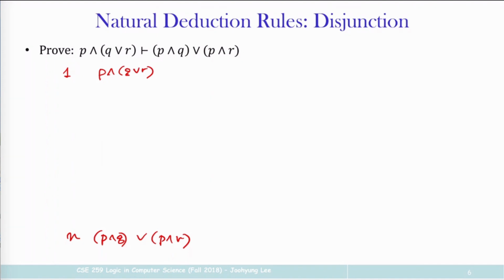Okay, I'm not going over why, but you can figure it out later. So what I'm going to do is I use the or elimination rule. Okay. Since the or elimination rule is a bit tricky, let me copy the rules here. So the rule is, in order to derive this, okay.